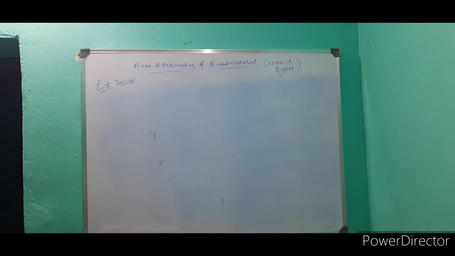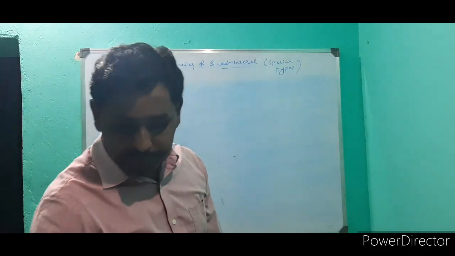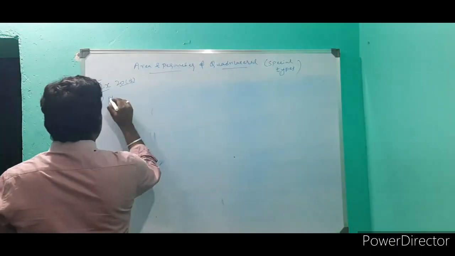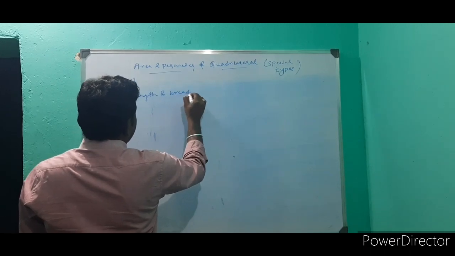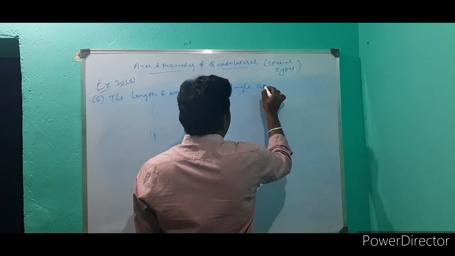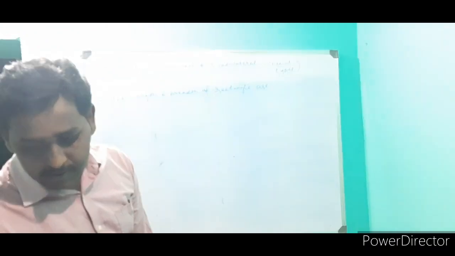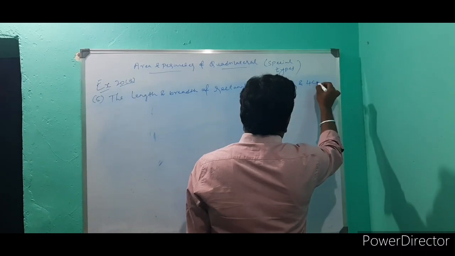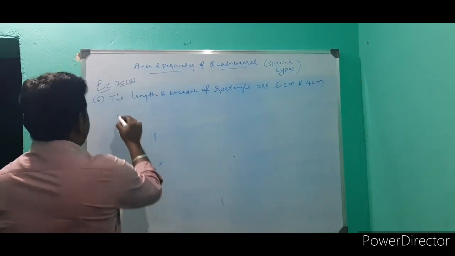Next problem, that is fifth one. The length and breadth of a rectangle are 6 centimeter and 4 centimeter respectively.